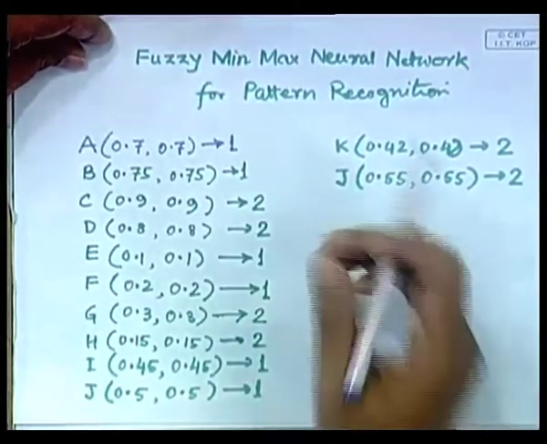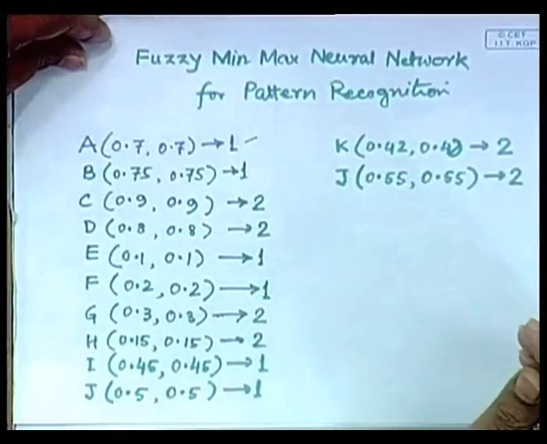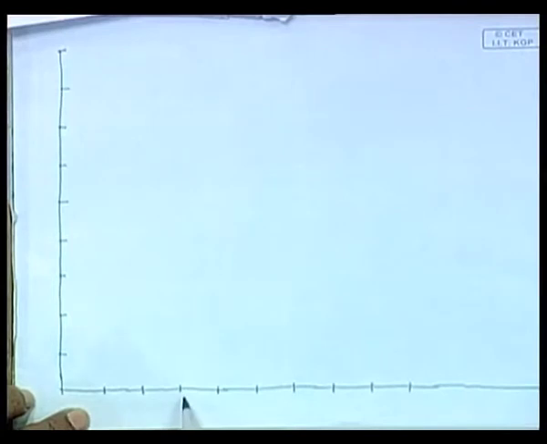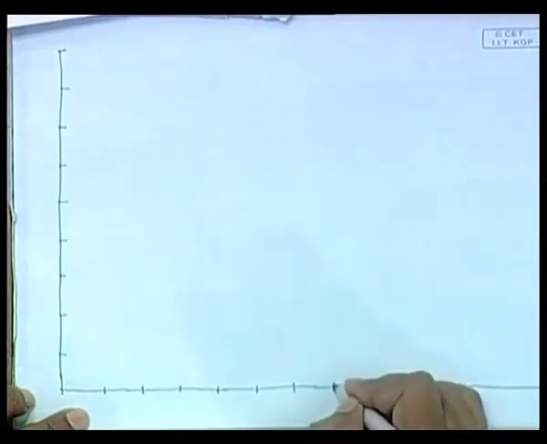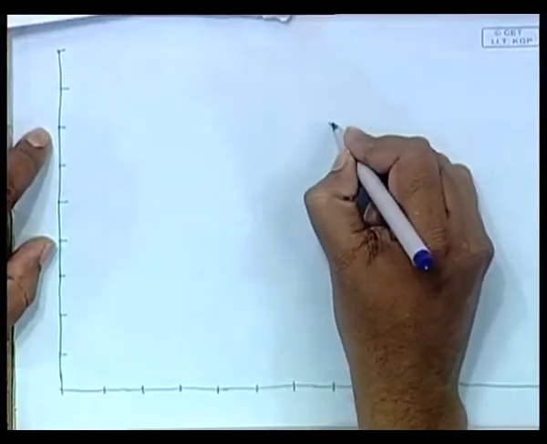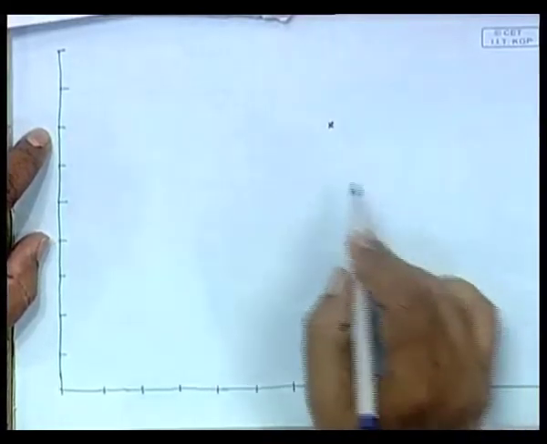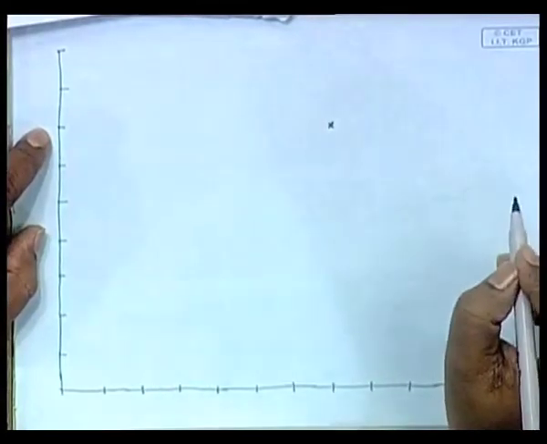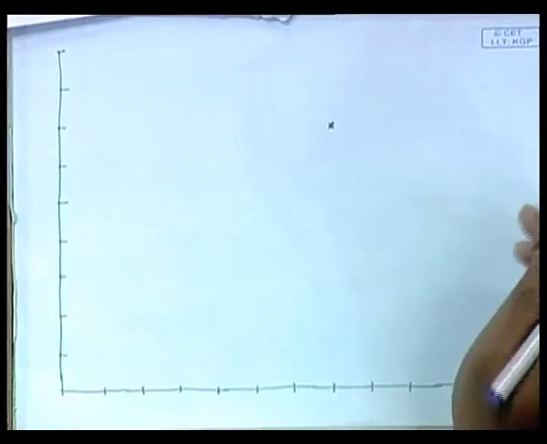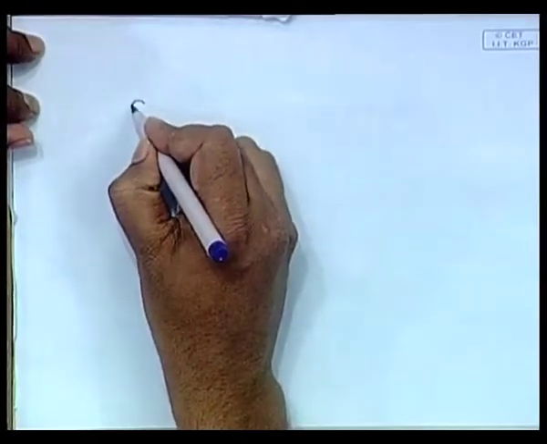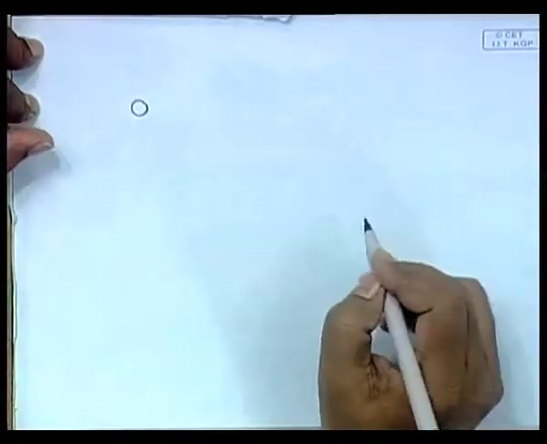If I take the first point, that is (0.7, 0.7), it comes somewhere over here, that is this point. Whenever we have a training feature vector, we construct one neuron in the middle layer of our fuzzy min-max neural network.